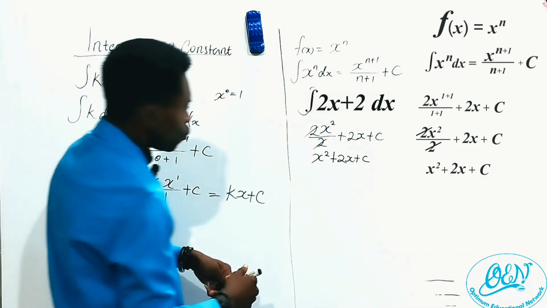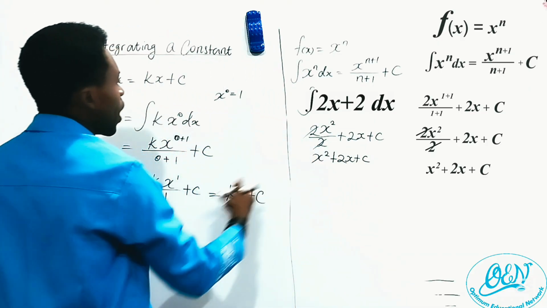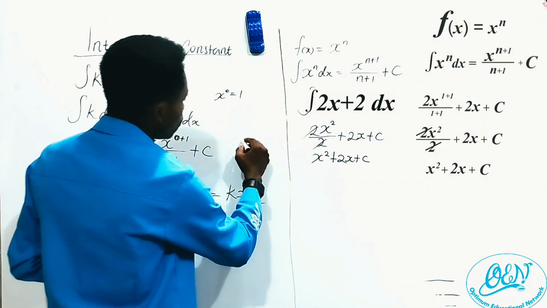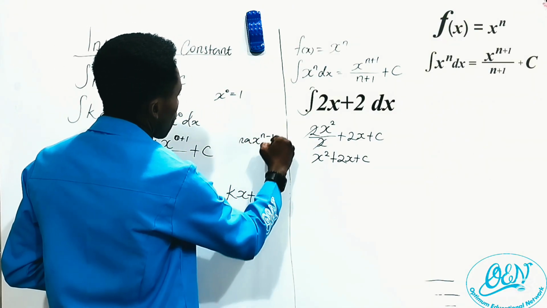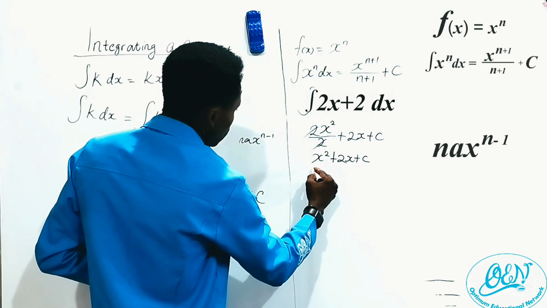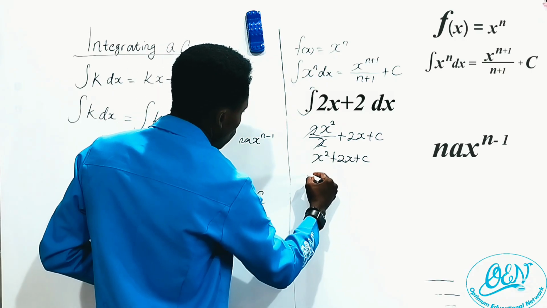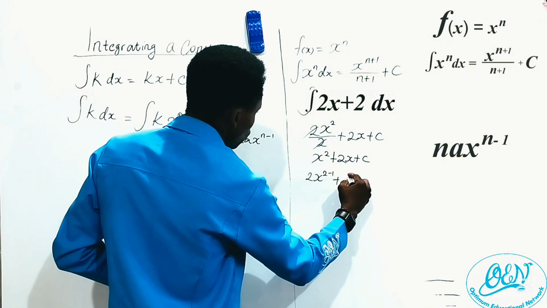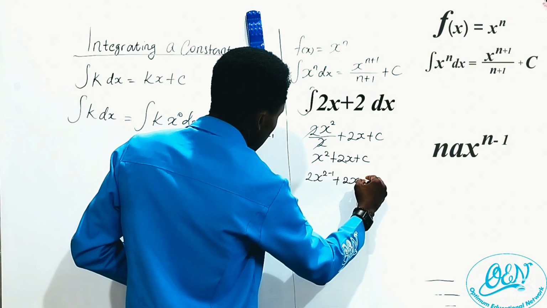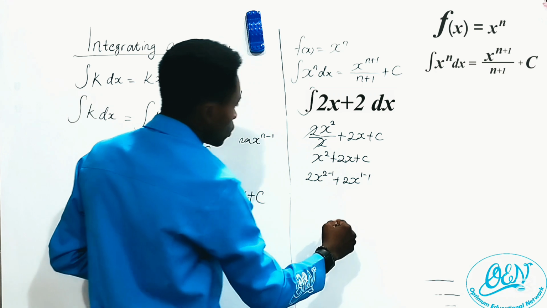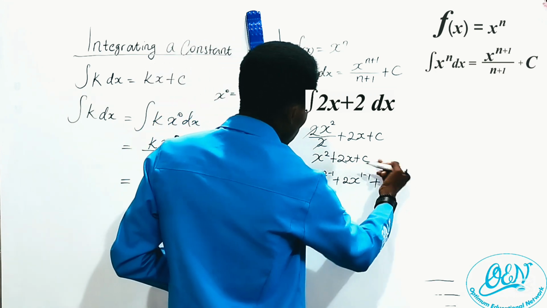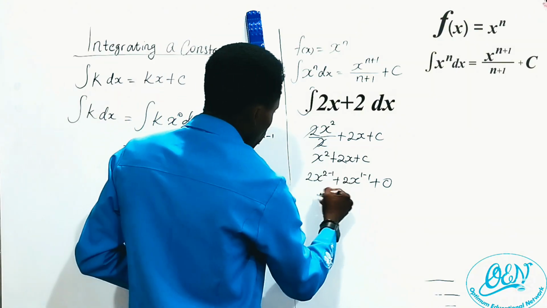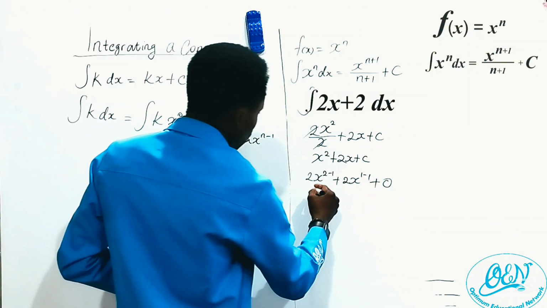Now this makes sense, because if we want to find the derivative of this function using this formula, we're going to get 2x to the power 2 minus 1, plus 2x to the power 1 minus 1, plus c, which of course is going to give us 0 when we differentiate.